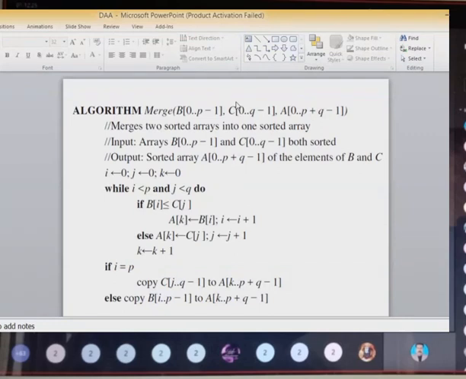Next, do: if the condition is satisfied, check whether B of i is less than or equal to C of j. If satisfied, assign B of i to A of k and increment i to i plus 1. Otherwise, A of k equals C of j, and the values of j and k are incremented, right? If i is exhausted, copy the remaining C array to A. Clear? This is the second pseudocode.